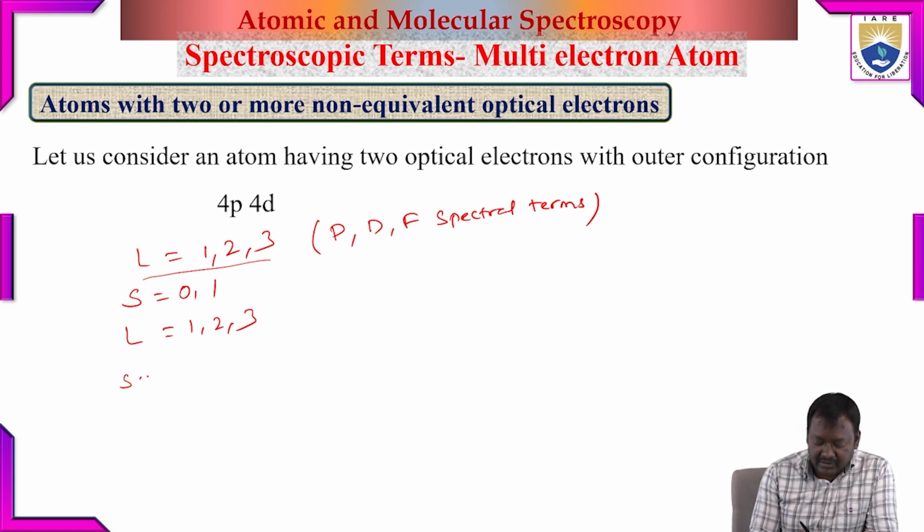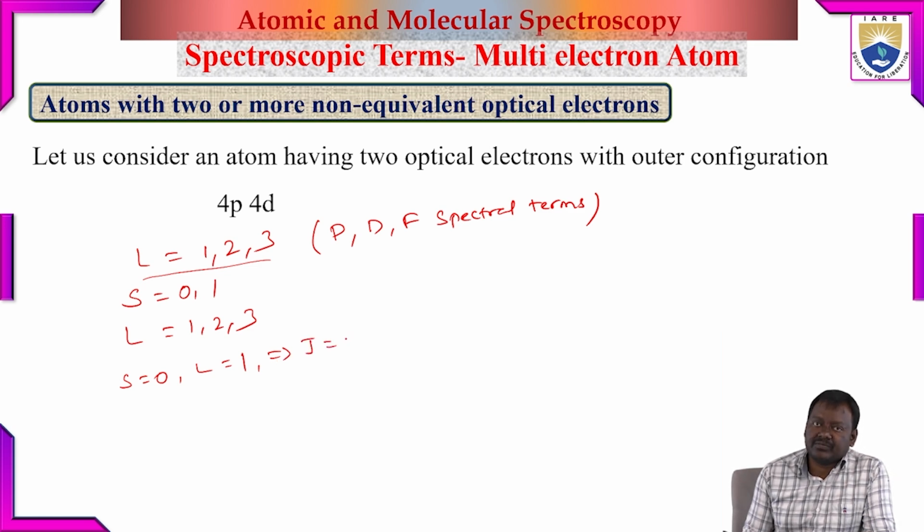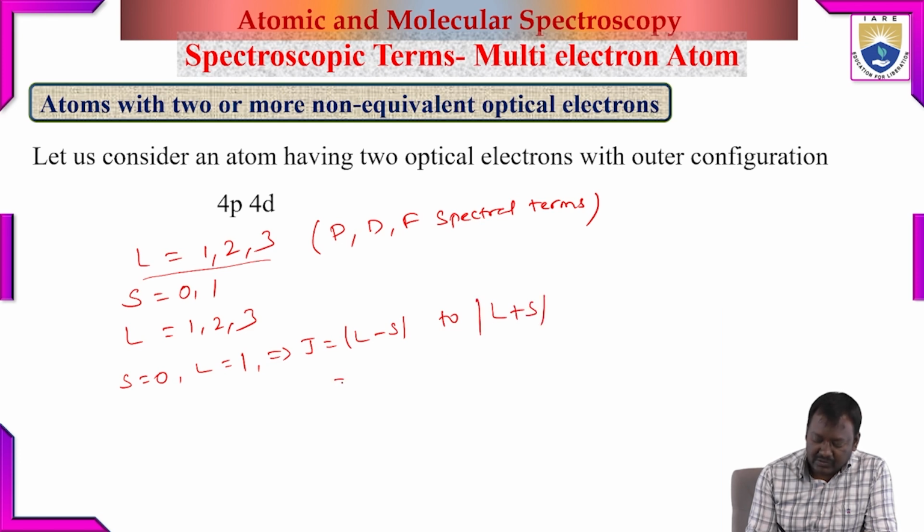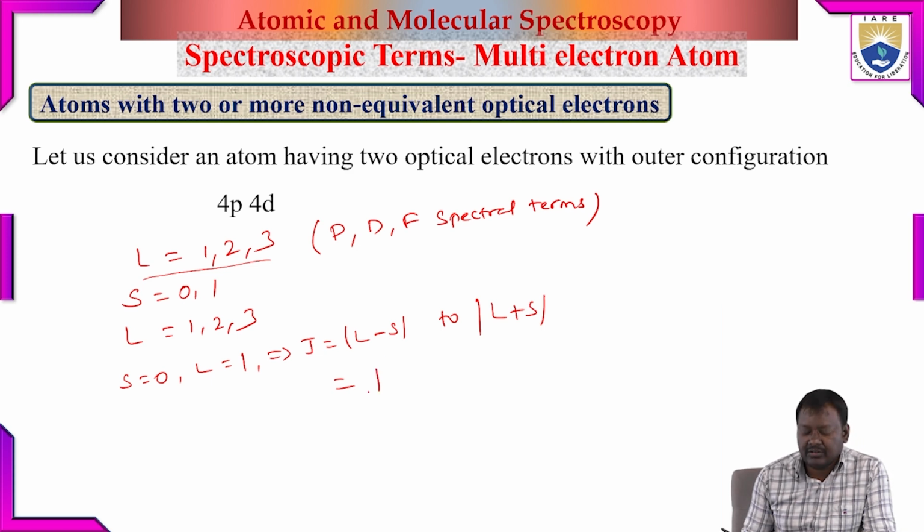For S equal to 0 and L equal to 1, the J values are L plus S, L minus S, so we get 1 minus 0 to 1 plus 0. So only 1.